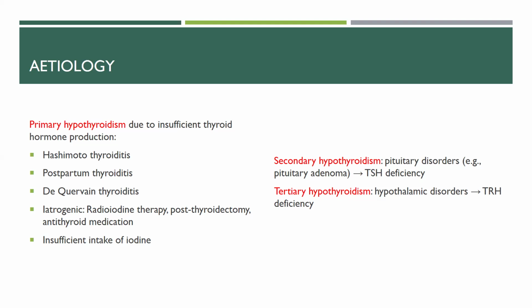So if you have a flu and then get hypothyroidism, we assume that it might be this. Then iatrogenic causes: you can get it because of radioiodine therapy, or because of a surgery that removed part or all of your thyroid. You can also get it as a side effect of anti-thyroid medication.